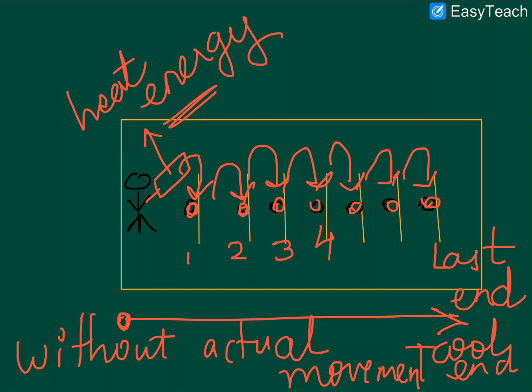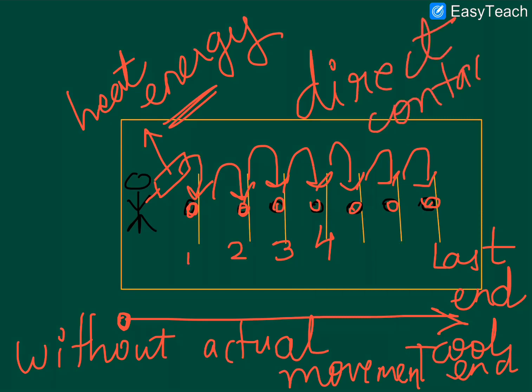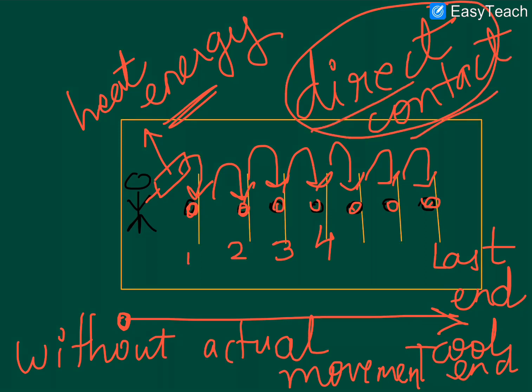Now this process can only be followed when the students are in direct contact with each other. This is a very important point to be noted down. If the students are not in direct contact, they will not be able to pass the heat energy from one to the other.